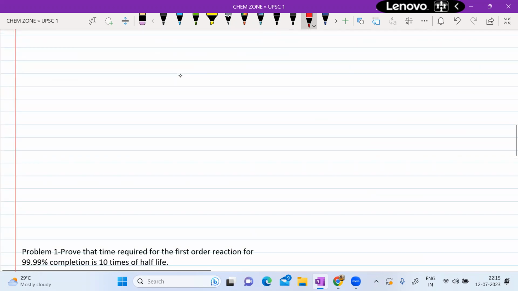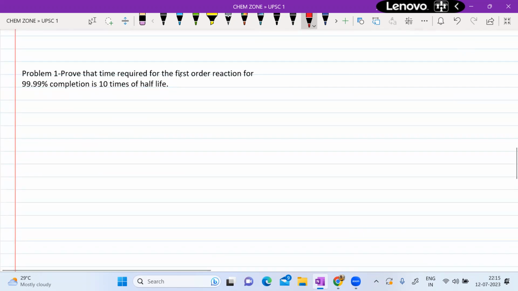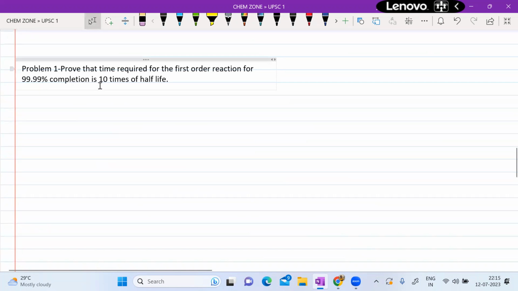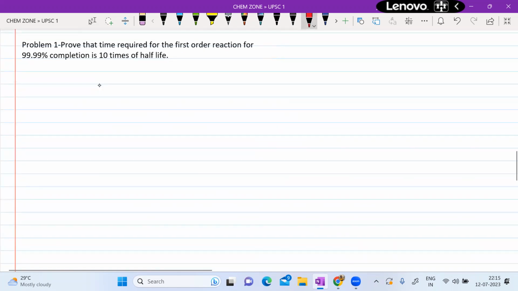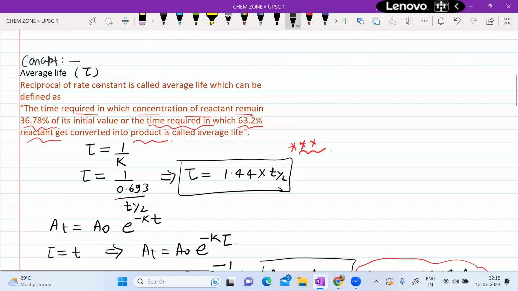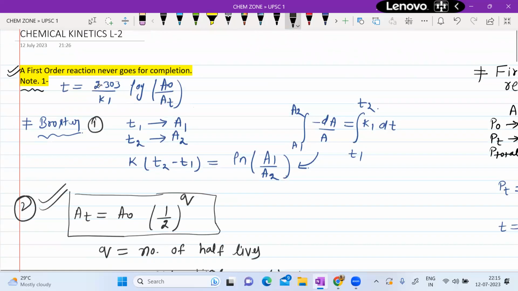Now let's discuss some questions which were already asked in the previous year exams. The important question: I need to prove one point which is written here, that a first order reaction never goes to completion.